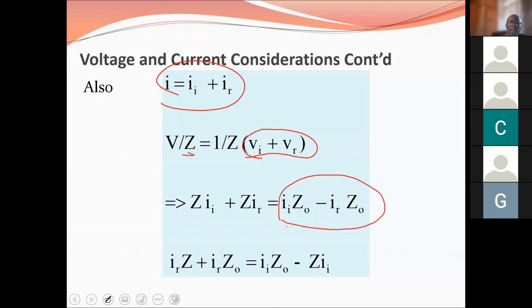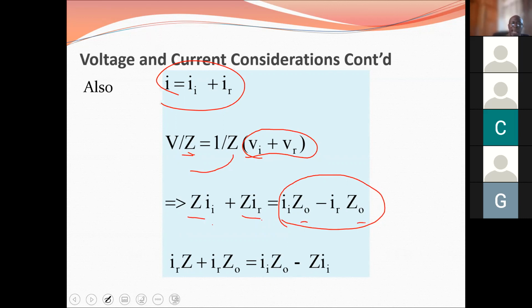So this would be VI and VR. Okay. And of course, when we cross multiply, this would give us Z times I, which is I incident plus IR. So please take note of the fact that this is Z, but this is Z0.